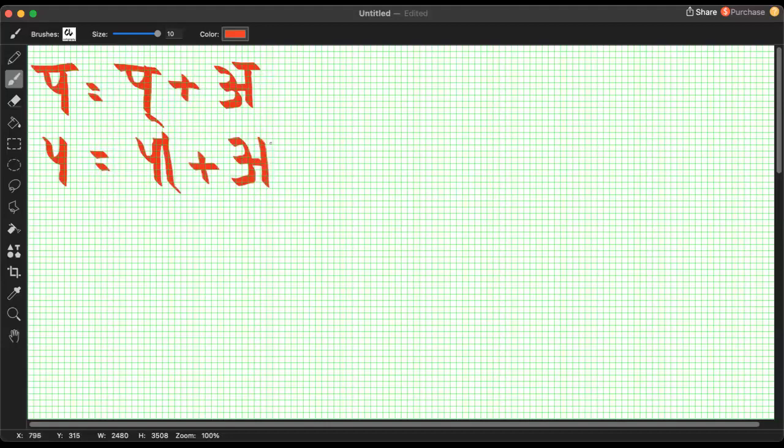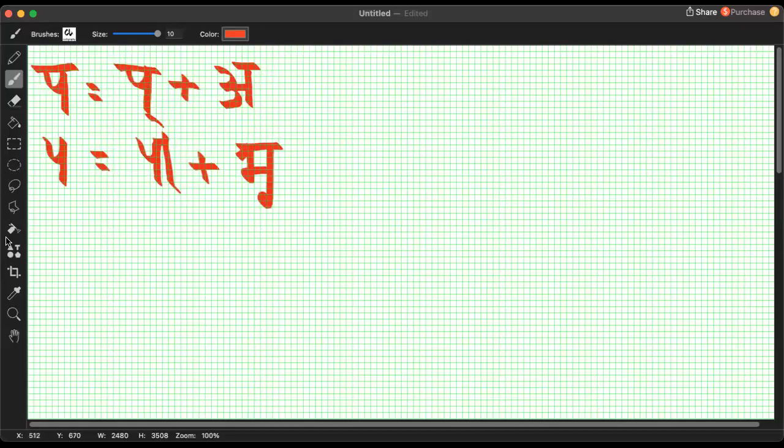I'm sorry, in this case it will be Sharada here. So this is how we achieve this pa alphabet. The root with a will give you pa.